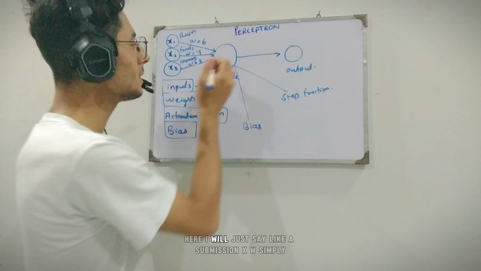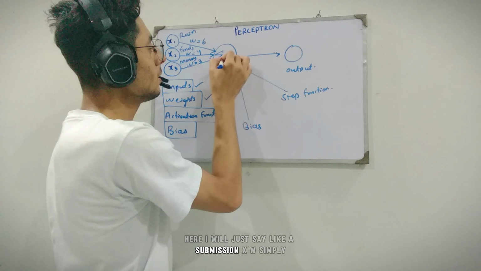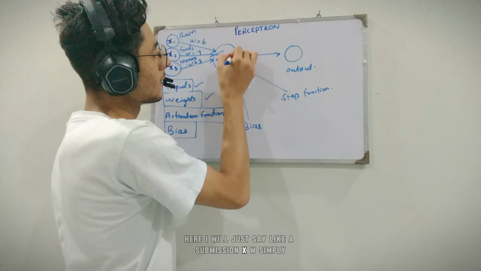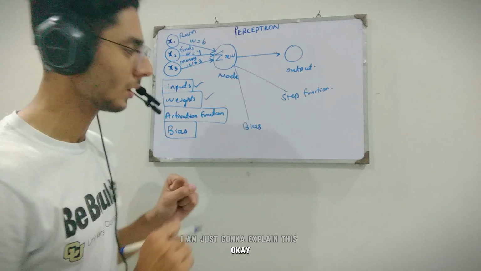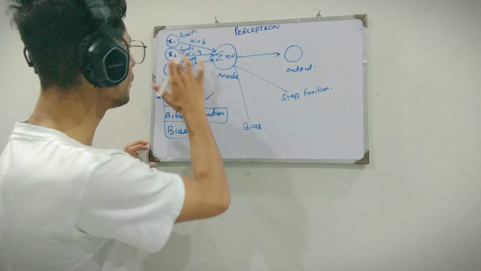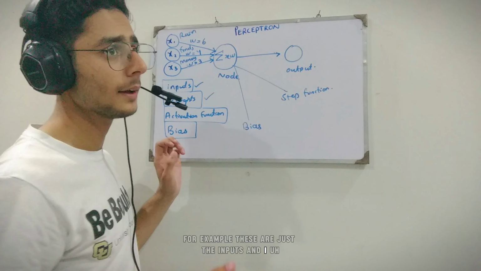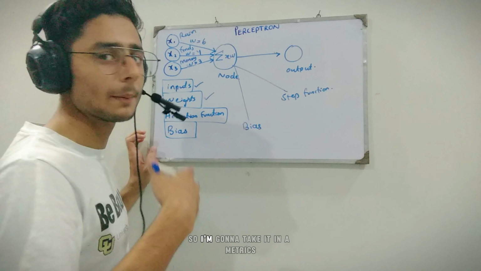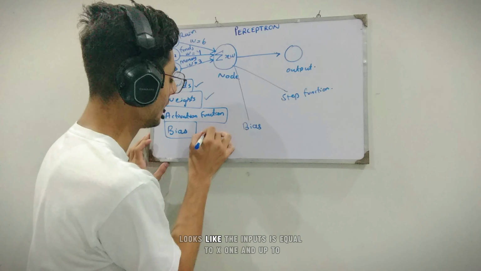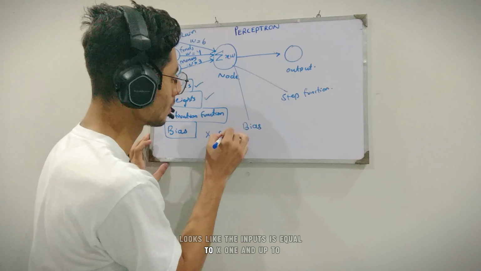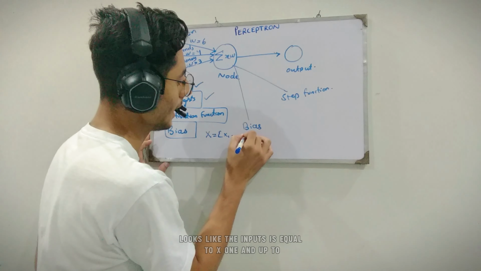Okay, here I will just say summation x w. Simple thing, I am just going to explain this. For example, these are the inputs, and if these are vectors, I am going to take them in a matrix. So the matrix of inputs is x1 and so on.